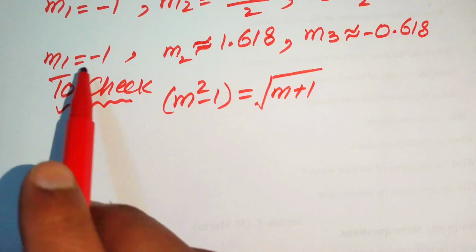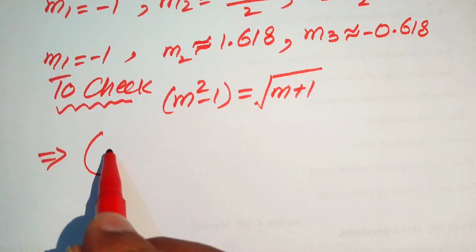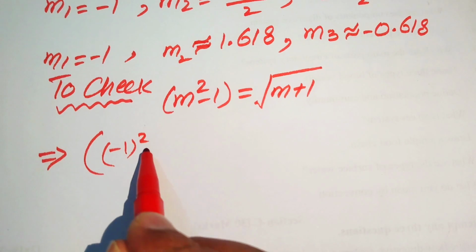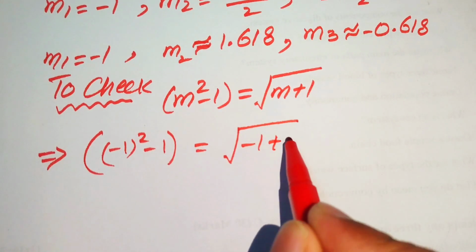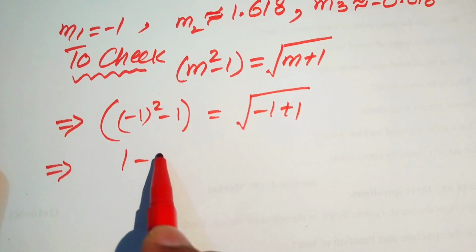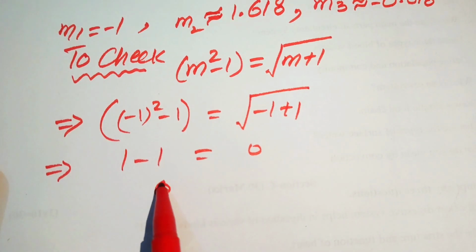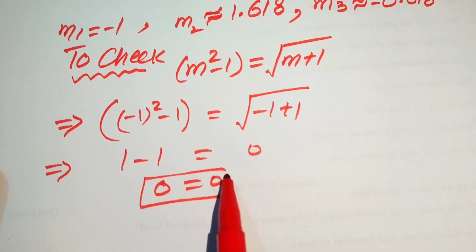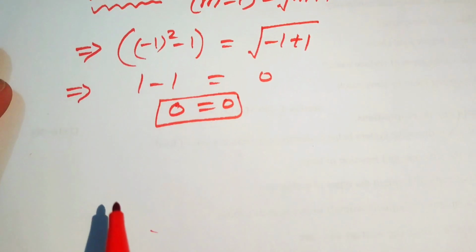When we substitute m1 equals minus 1 on both sides, it is written as minus 1 squared minus 1 equals square root of minus 1 plus 1. Minus 1 squared becomes 1, minus 1 equals 0, and minus 1 plus 1 is 0, so 0 equals 0. This shows that m equals minus 1 satisfies the given equation.